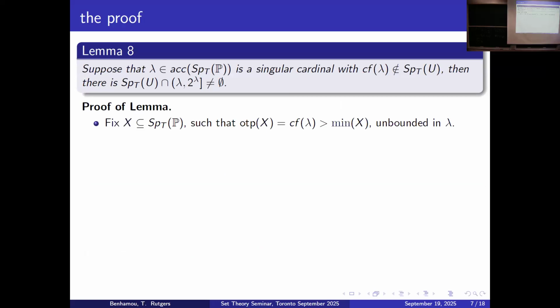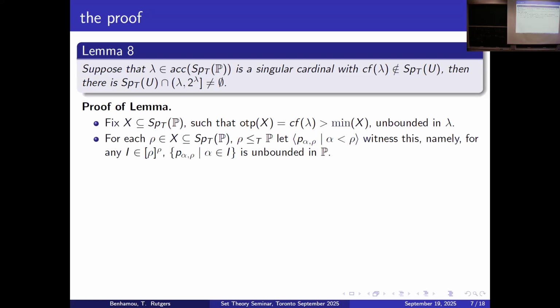So let's start with the proof: fix any X. So we have this lambda, fix any X which is unbounded in lambda, and it has order type the cofinality of lambda, and assume that also the minimum of X is greater than the order type of X. Right, so I can chop X from high enough so that the minimum is greater, and this is what we call a progressive set, and I want X to be unbounded in lambda.